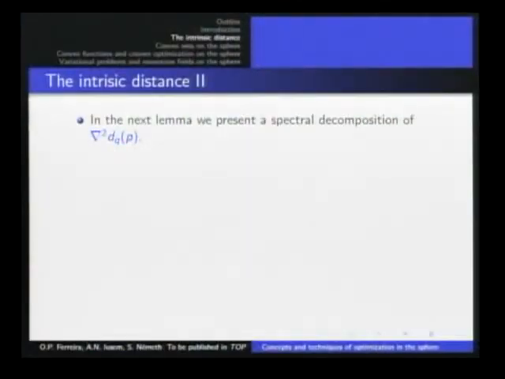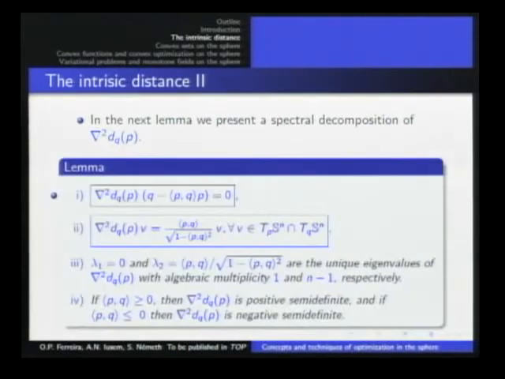And it is easy to compute the spectral decomposition of the Hessian, and there is this lemma, and the conclusion of the lemma basically is that there are only two eigenvalues of the Hessian, which is 0, and the other, which is PQ over the square root of 1 minus PQ squared, which have multiplicity 1 and n minus 1.